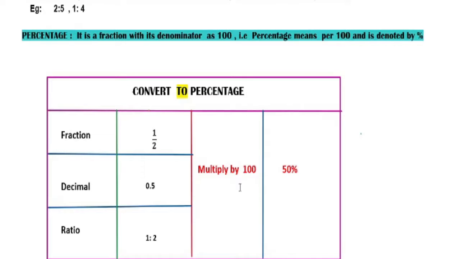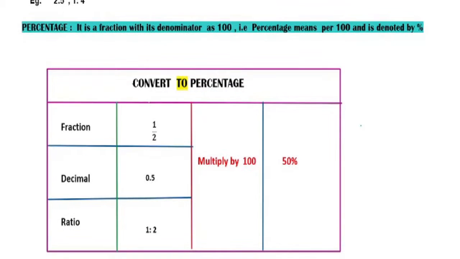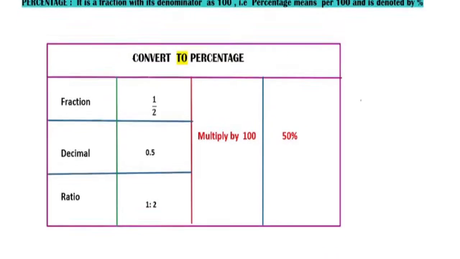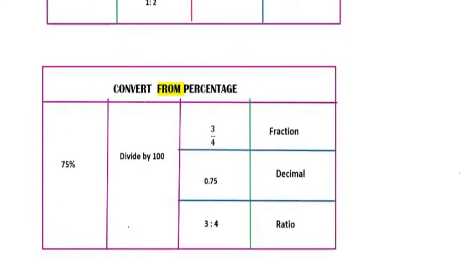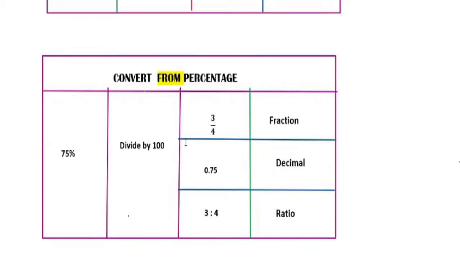Now in the next table we will see how to convert from percentage. That means suppose a percentage is given, then how to convert that percentage to fraction, decimal, or ratio. So in this table you can see convert from percentage. For example here 75% is given.